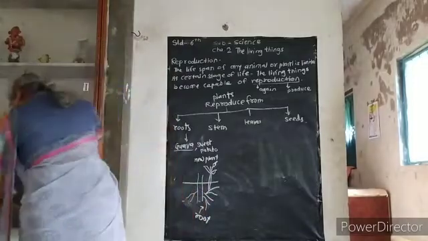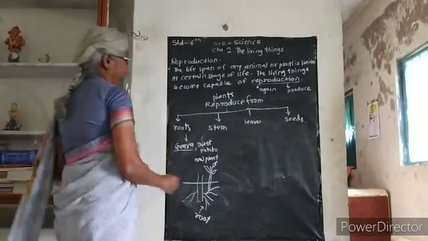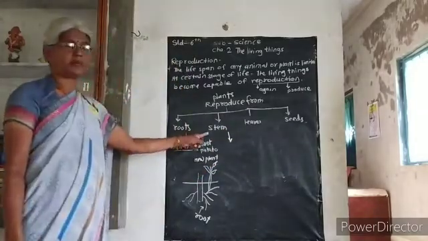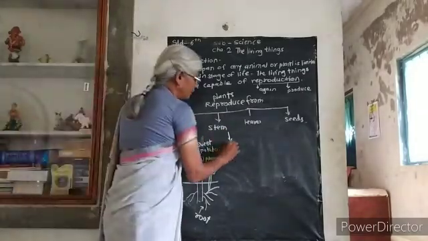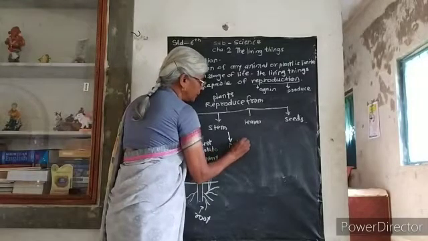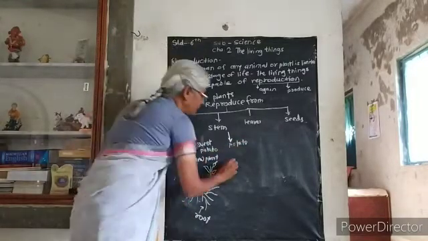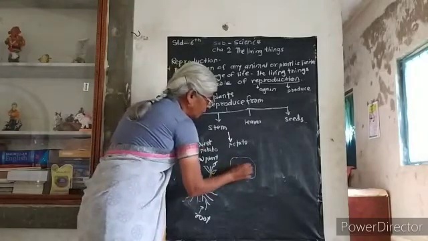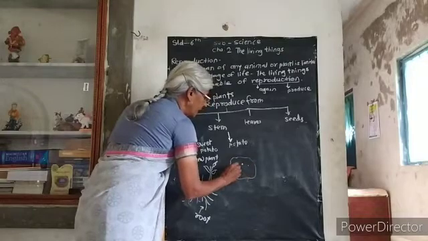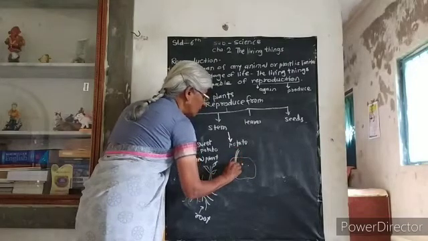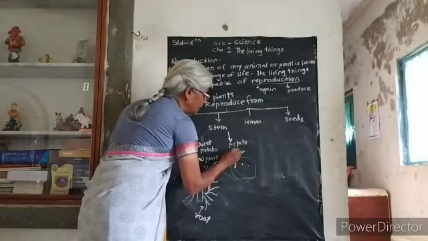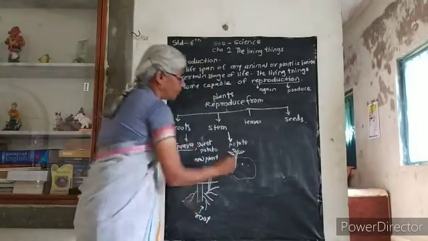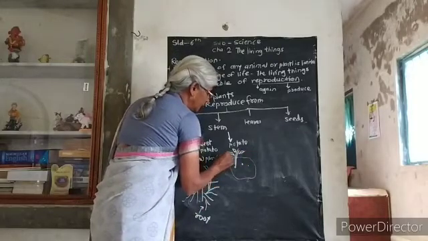In case of the stems, some plants reproduce with the help of stem. For example, we always see the potato in our house. The surface of the potato has some buds, and a new plant is developed from the stem of the potato. That is the new plant.